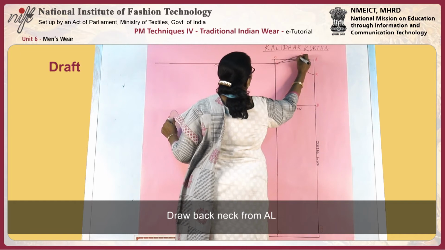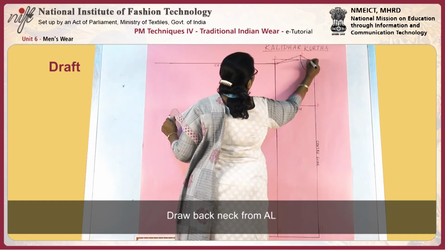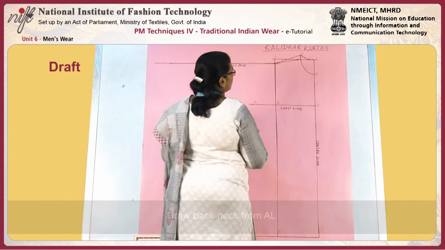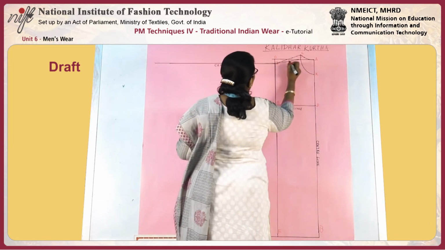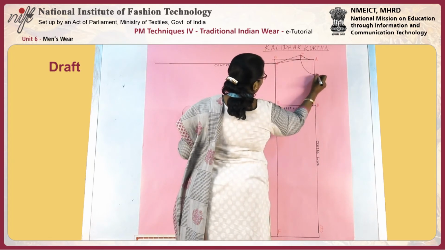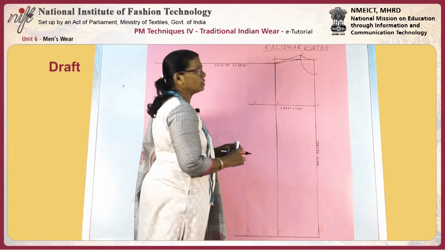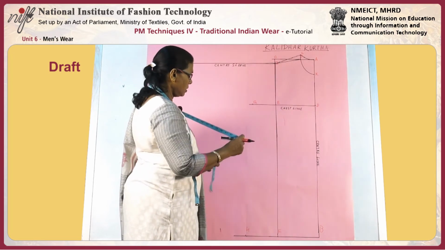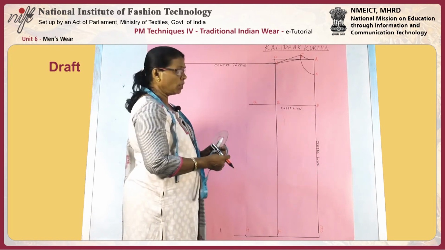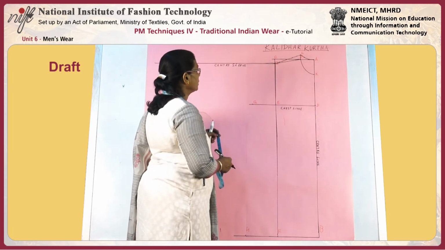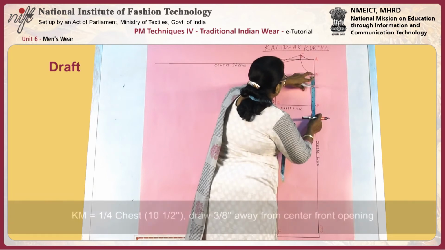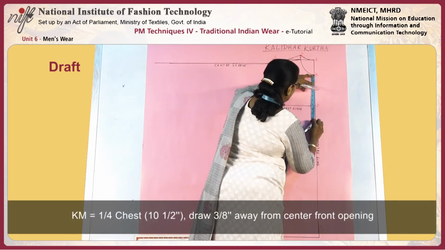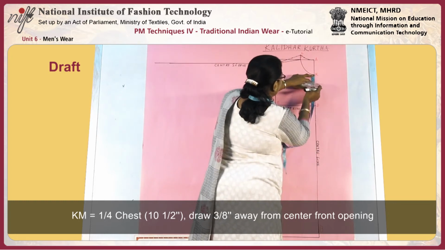So this is for back neck and back shoulder, and this point is for the front neck and front shoulder, and front opening is 1/4 of chest. KM is equal to 1/4 of chest, 10.5 inch.